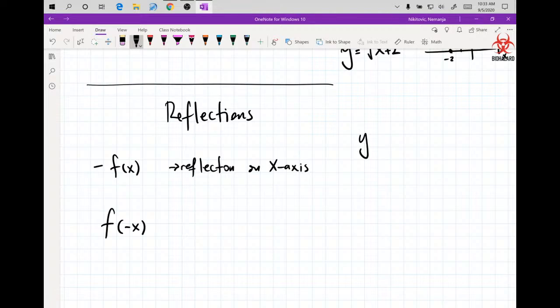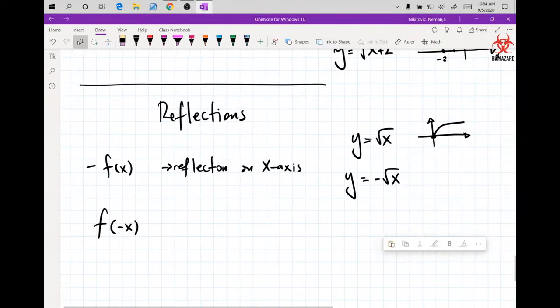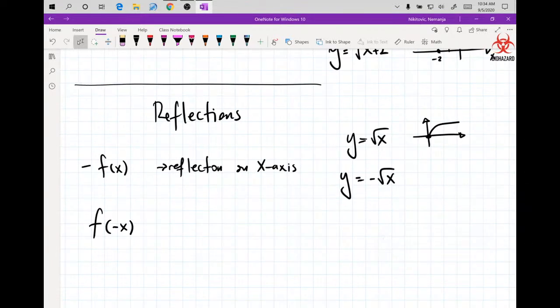So if you have your y equals square root of x, which looks like this, and then you have y equals negative root x, in that case, it will just drop below the x-axis like this. So that's our reflection.